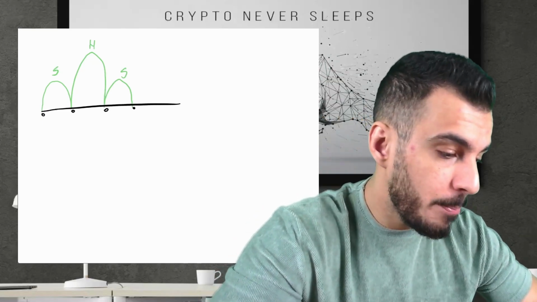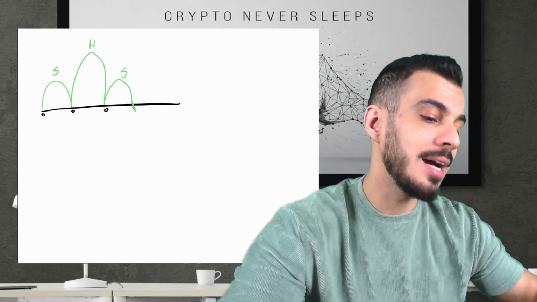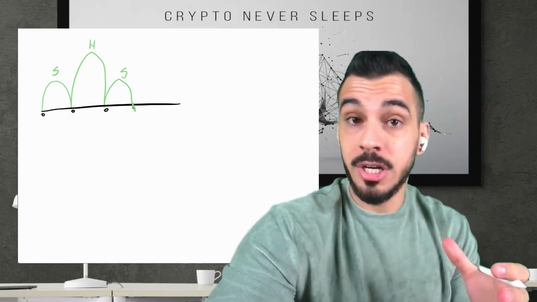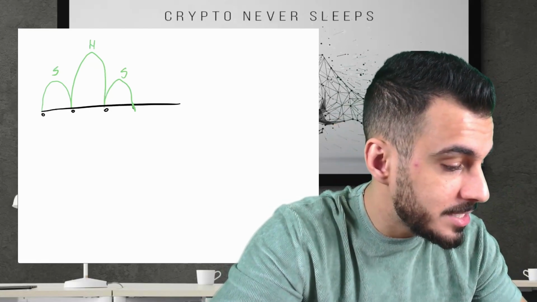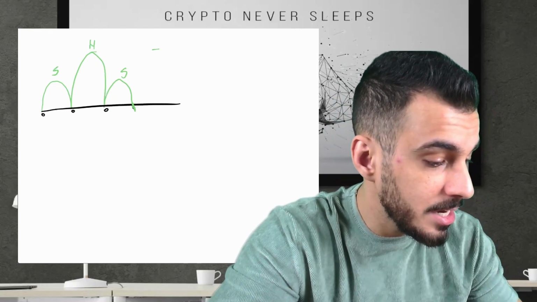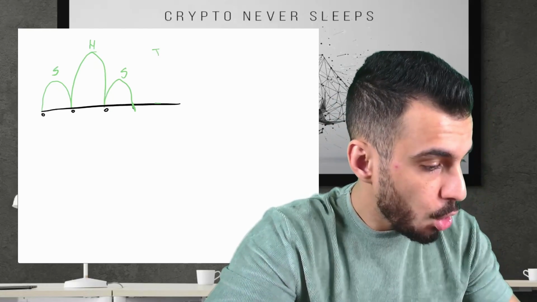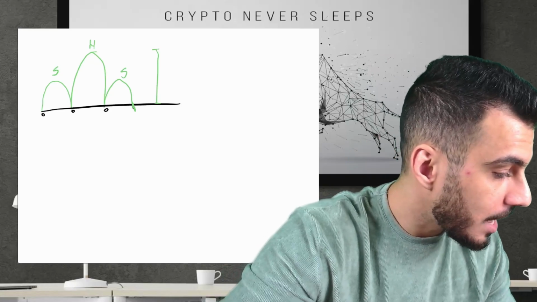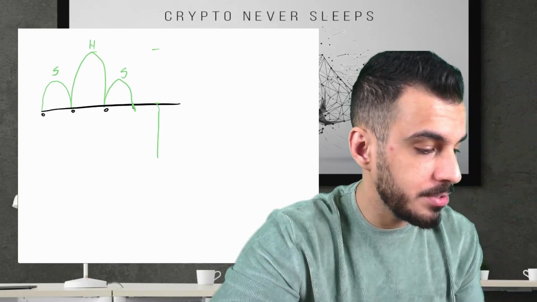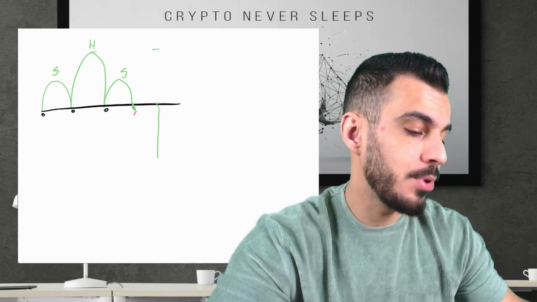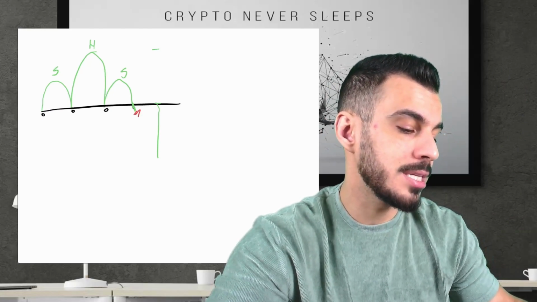In the moment that we break this neckline to the downside, guys, we are activating the pattern. Target for this one is calculated using the height of this pattern, so from the tip of the head here to the neckline. All this height here would be, guys, our target projected from the moment of the breakout, which means that we could expect the price to come down at least to this level right here.